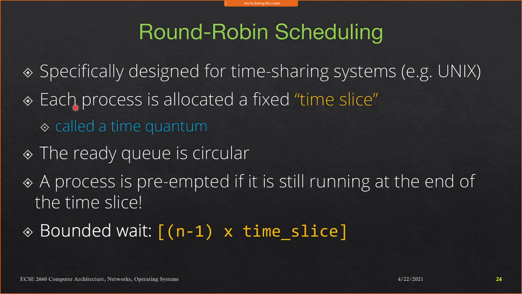What we are going to do is define a fixed time slice, also called the time quantum. This would be the chunk of time for which a process can get the CPU resource. But after your time slice expires, you get kicked out, right?